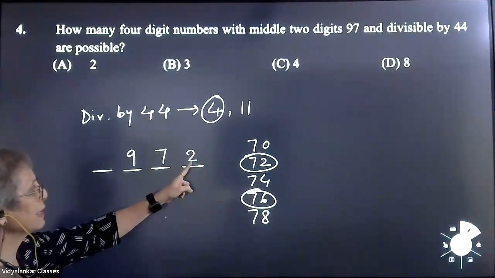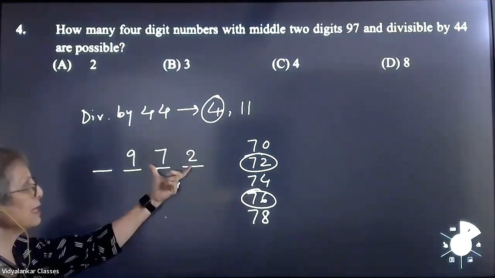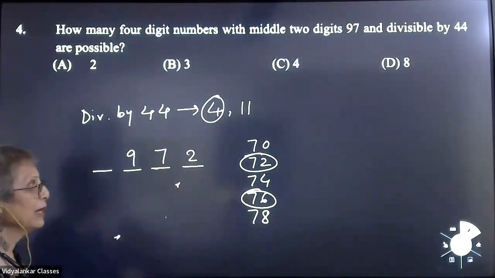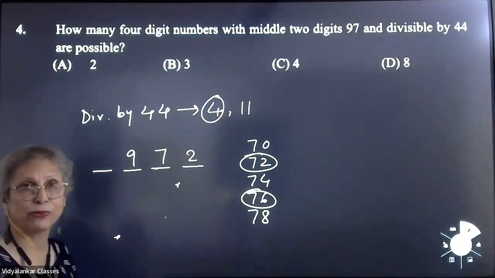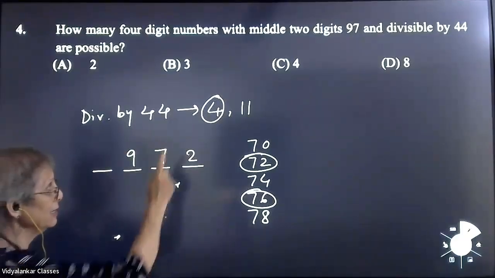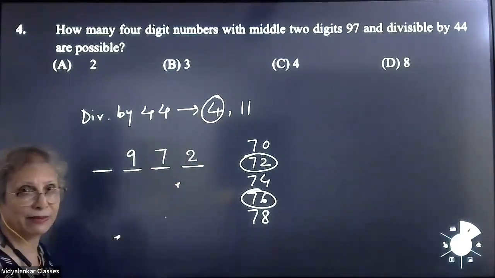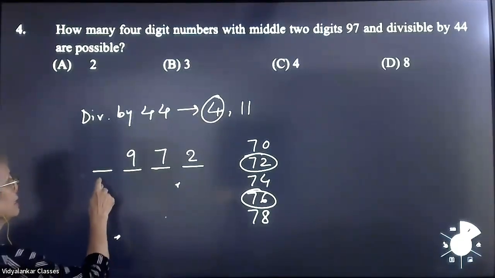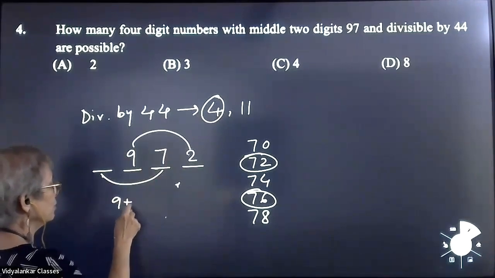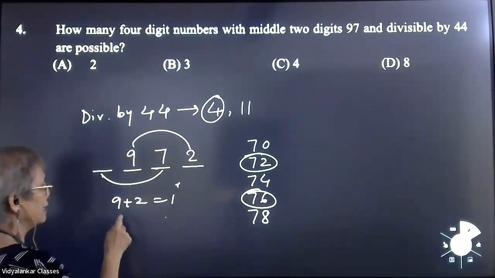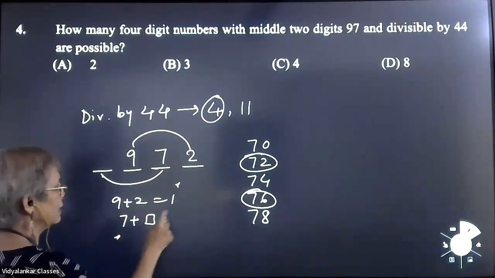So now if I write 2 over here, the last two digits 72 are divisible by 4. And therefore, if I write any digit over here, it is going to be divisible by 4. But what is our next condition? It should be divisible by 11, right? So just add the digits, these two and these two. So 9 plus 2 equal to 11, and therefore 7 plus something equal to 11.